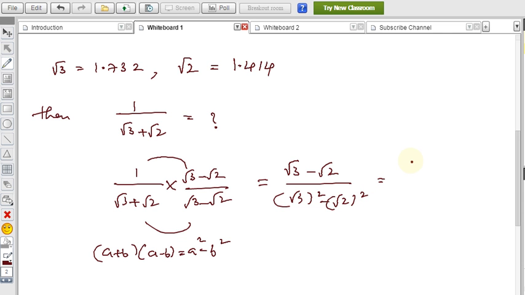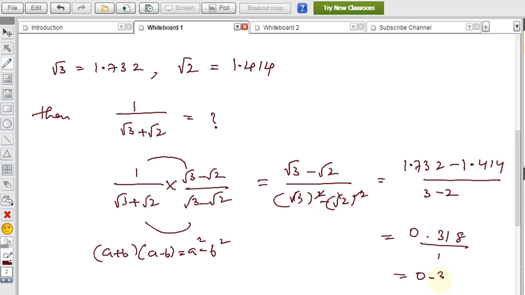The square roots cancel, so 3 minus 2 is 1. In the numerator, from 1.732 subtract 1.414, that is 0.318 by 1. So 0.318 is the answer.